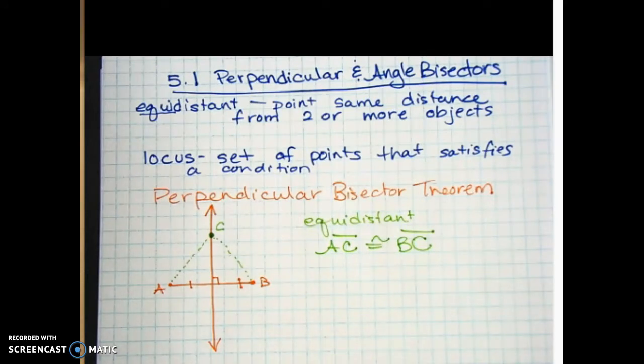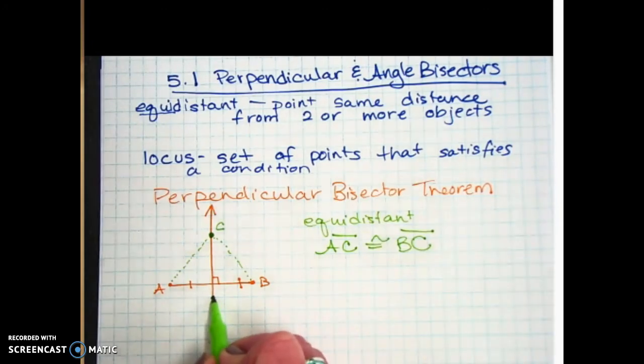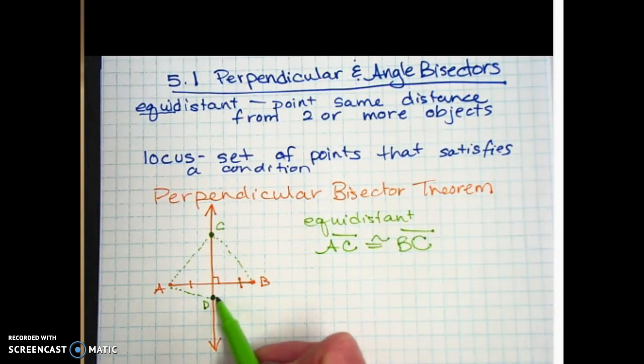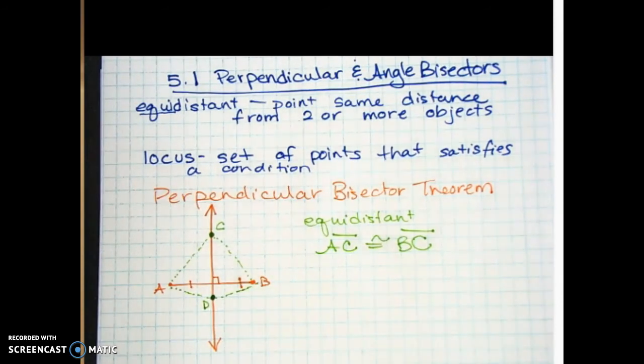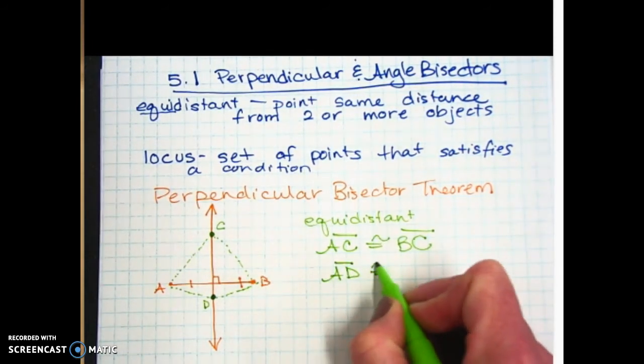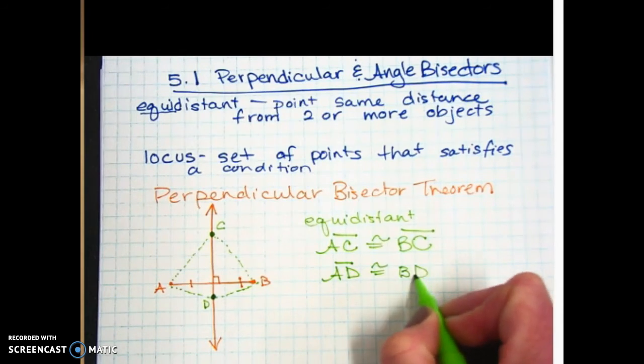It could be any point. So I picked one randomly up here, but if I had picked one randomly down here, call this one D as in dog, it's also going to be equidistant. So if I dash in this line segment and this line segment, those two are also congruent. So we're going to say that AD is congruent to BD.